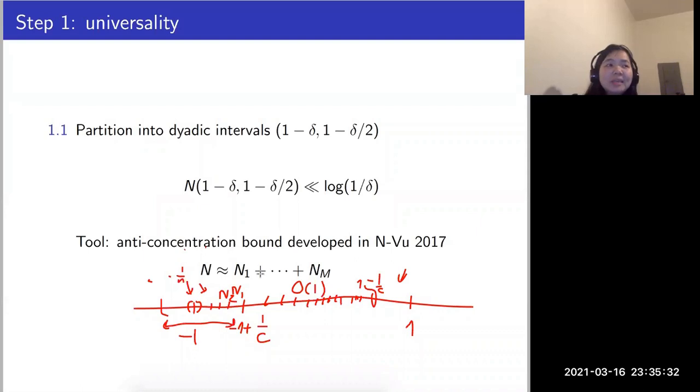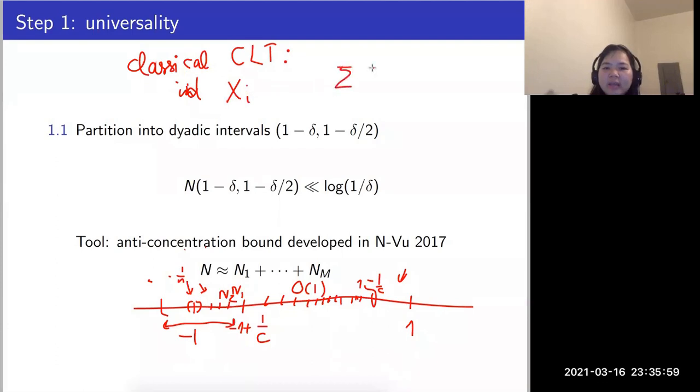And that is promising because of the very classical central limit theorem that you may have heard of. The central limit theorem says that if we have independent, let's say IID, random variables xi, then the sum of xi minus the mean of the sum, divided by the standard deviation, converges to the Gaussian.